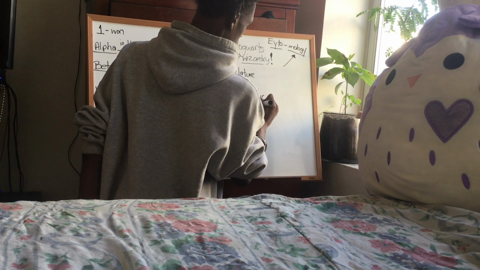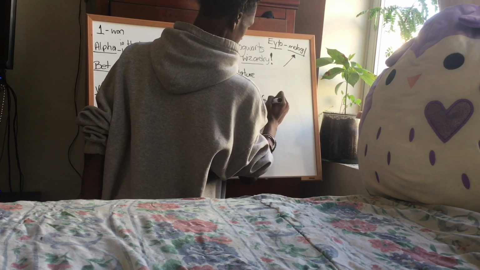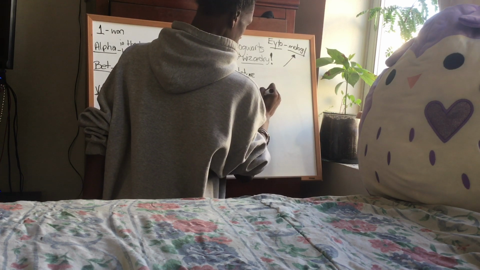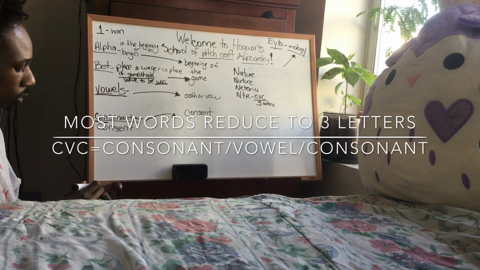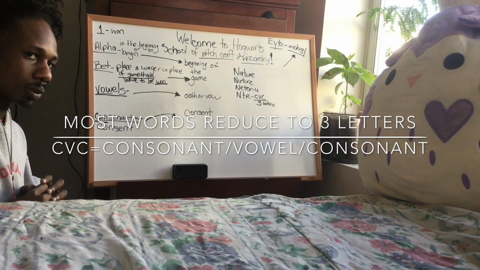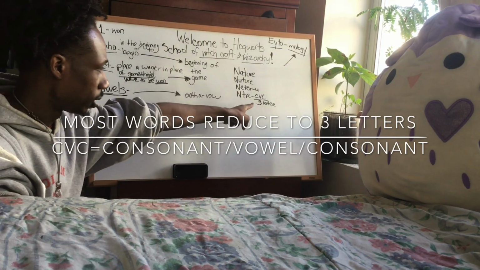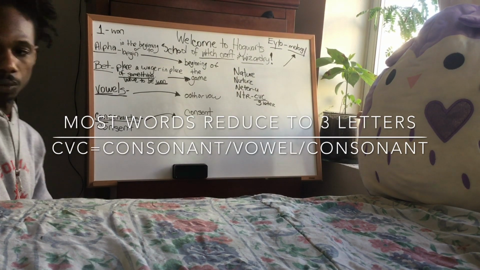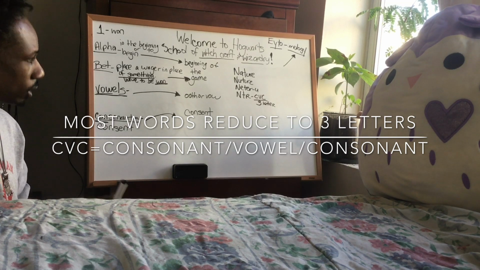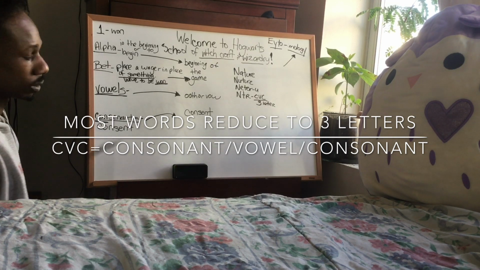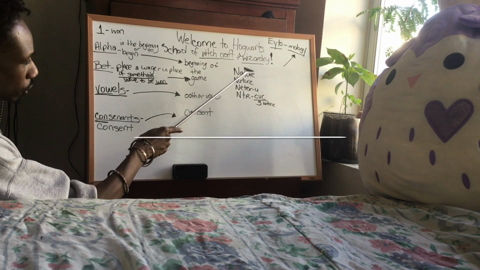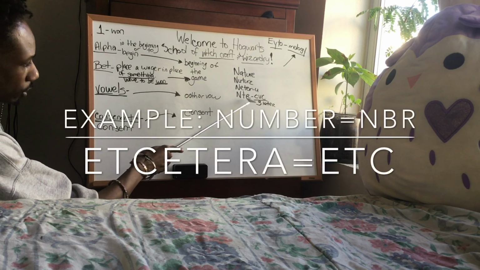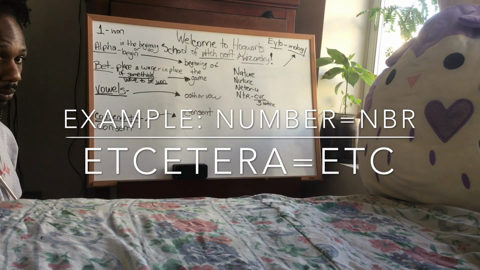It's a three-letter system: the consonant, the vowel, consonant. All words in the English language can be broken down to 3 letters. Doesn't matter how big the word is, it can always be broken down to 3 letters. So you have the word nature, nurture, netter. They all mean the same thing.